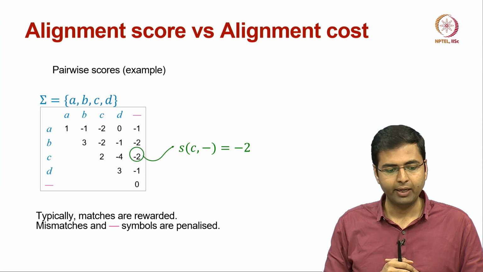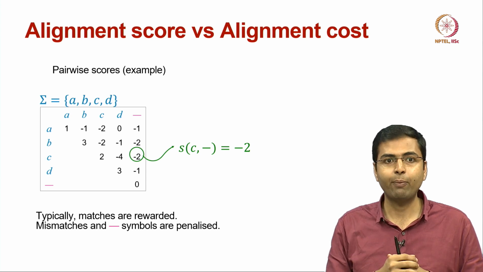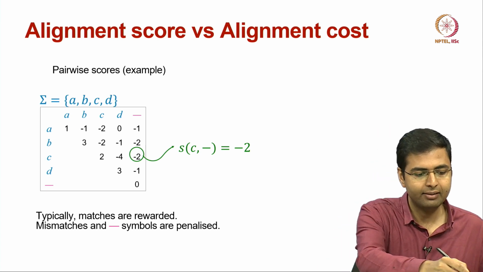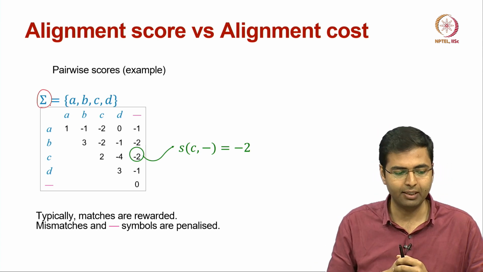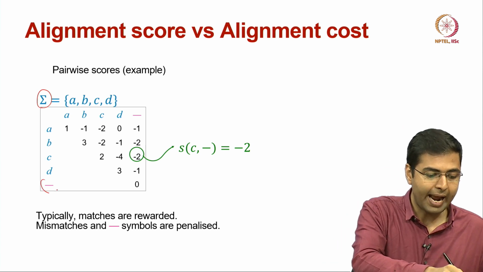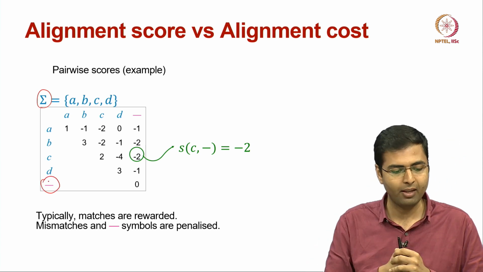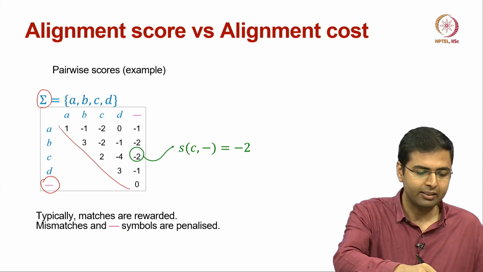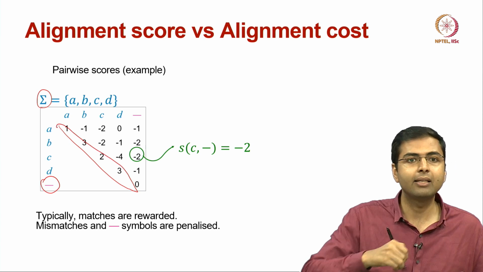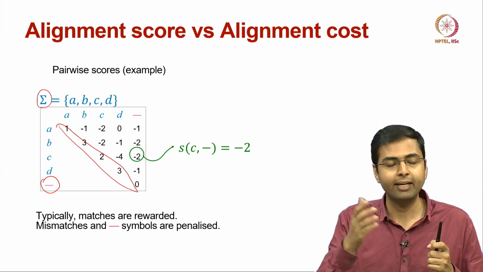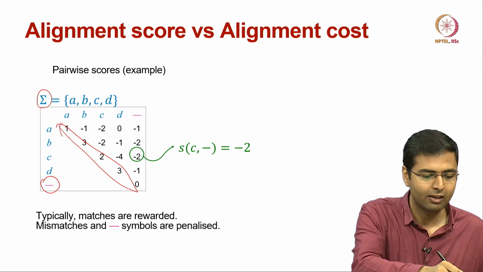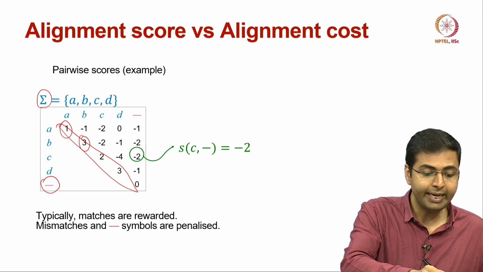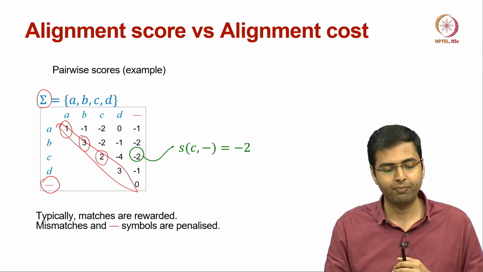Right. So, let us look at an example of a pairwise score matrix. Suppose your alphabet sigma is A, B, C, D as an example, and we will also include the dash symbol in our extended alphabet. Now, typically a scoring matrix would reward matches. For example, a match between A and A is given a reward of 1, a match between B and B is given a reward of 3, a match between C and C characters is given a reward of 2, and so on.